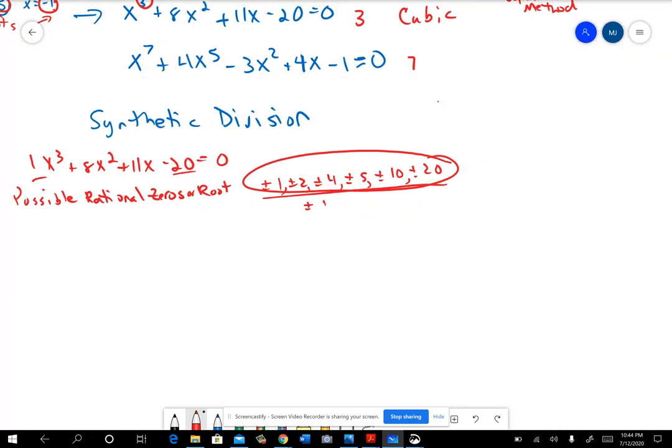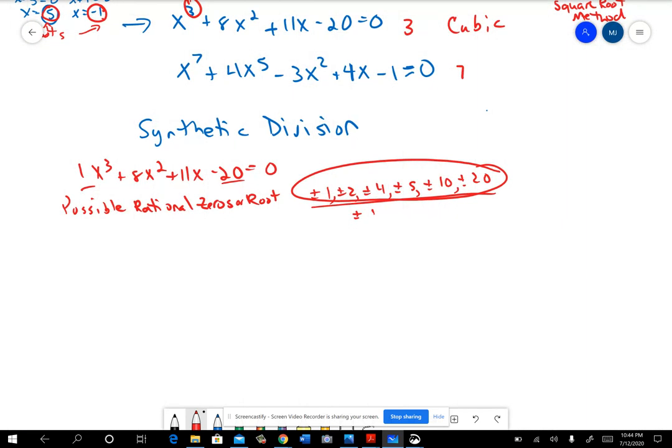But the synthetic division came in here. We're going to test these to see which of these really are roots to that equation. So if I want to know if 1 is a root, I'm going to put 1 in the box, and then I'm going to put the coefficients of the terms in order. If any were missing, I'd put in a placeholder. And then this was where synthetic division happened.